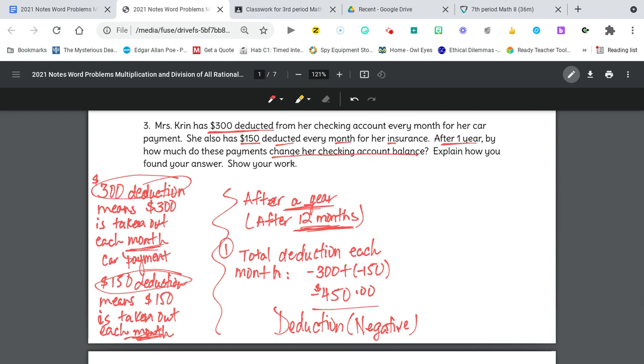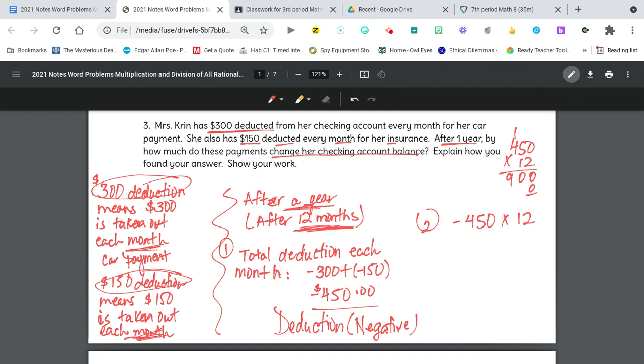So it wants to know after a year how much they changed the balance. So negative 450 is coming out every month. So now all I got to do is multiply that negative 450 times 12 to see how much it changes her checking account by. So I'm just going to do 450 times 12. 5 times 2 is 10. 4 times 2 is 8 plus the 1 is 9.